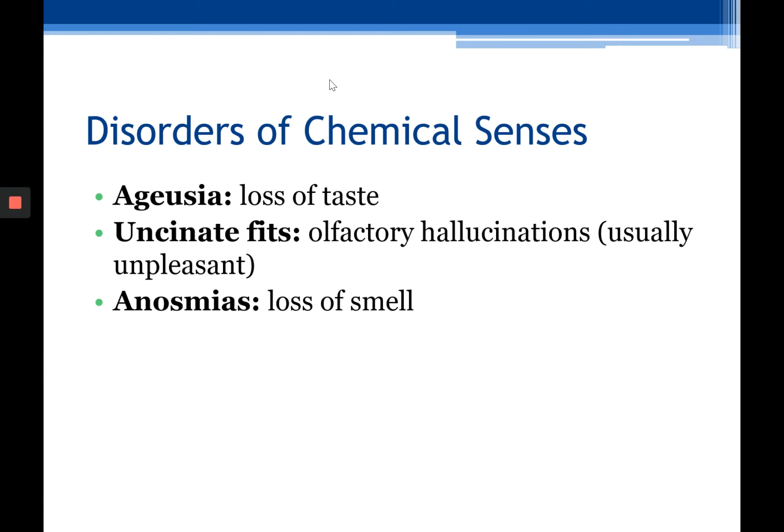Next, we're going to talk about some disorders of chemical senses. There's ageusia, uncinate fits, and anosmia. Ageusia is loss of taste, anosmia is loss of smell, and uncinate fits are olfactory hallucinations, usually very unpleasant, like the smell of rotting meat.